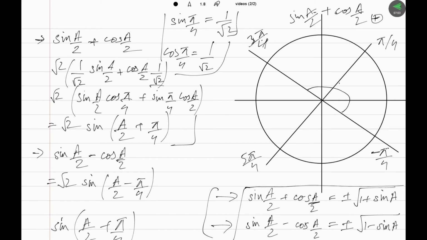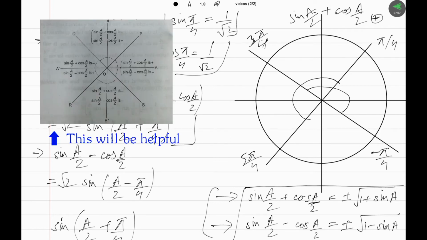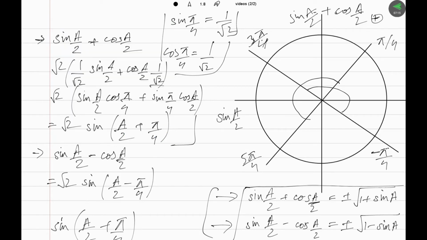So if it lies in this region, then sine of A/2 minus cosine A/2 will be positive. Otherwise, wherever it is, it will be negative.